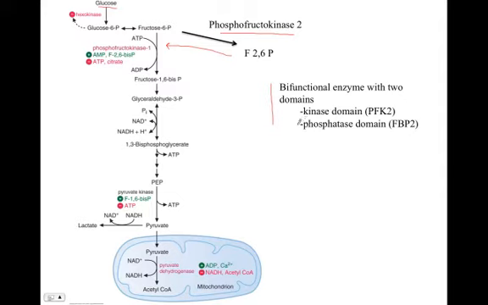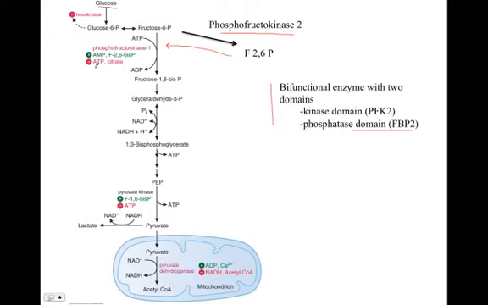The enzyme also has a phosphatase domain that removes a phosphate from fructose 2,6-bisphosphate. When the phosphatase domain is active, the enzyme is termed fructose bisphosphatase 2. We'll discuss the activity of this enzyme in a few modules when we look at the pathway of gluconeogenesis.